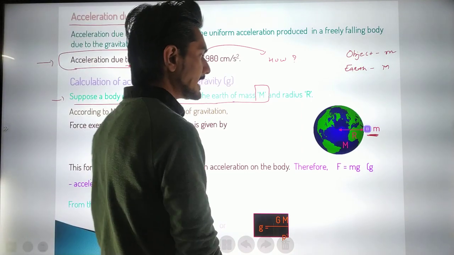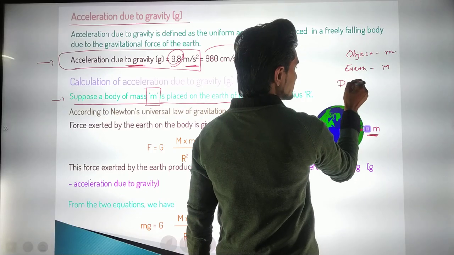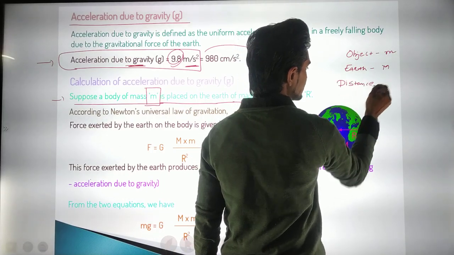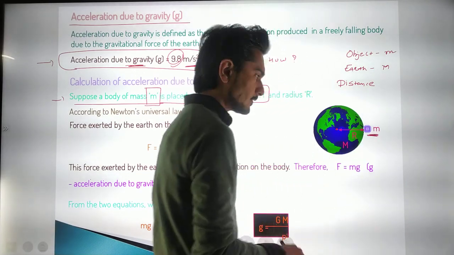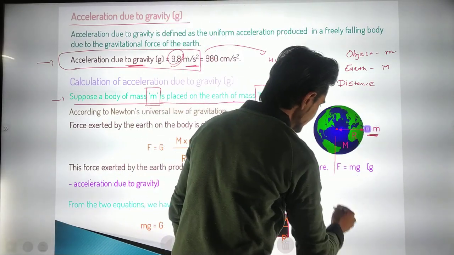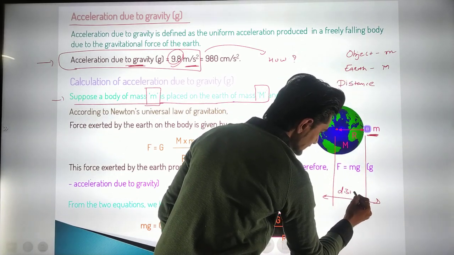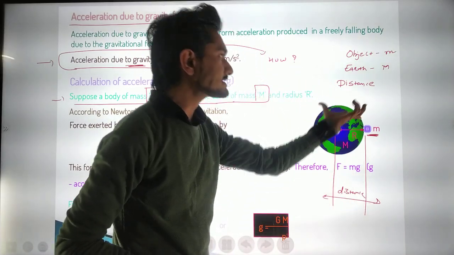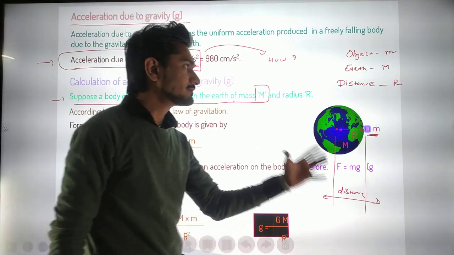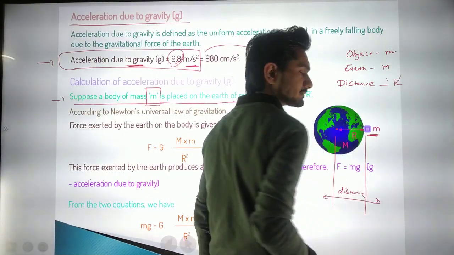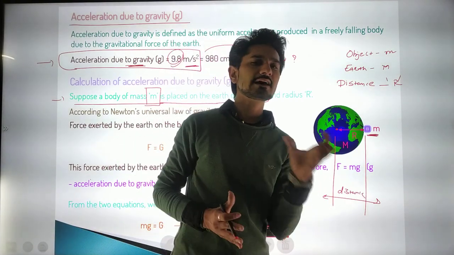And radius r. Now radius means distance. If we take a circle, here is the center point and here is the object's point. So in between them, whatever the radius is, is also the distance between them. So we can say that this is a distance, or we can say that this is r. I already told you that sometimes they will consider the distance as r, sometimes as d, sometimes you can consider the distance as any alphabet.